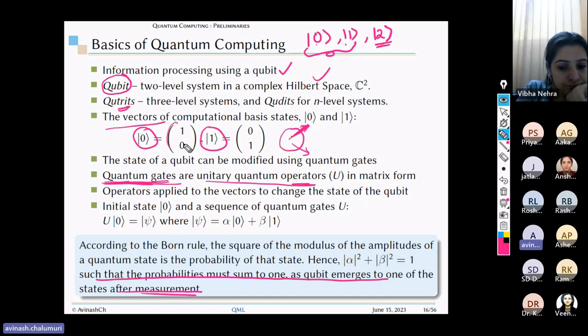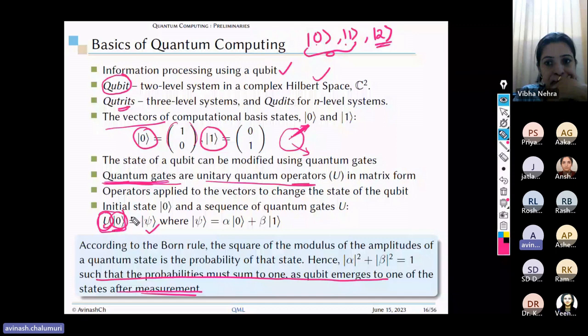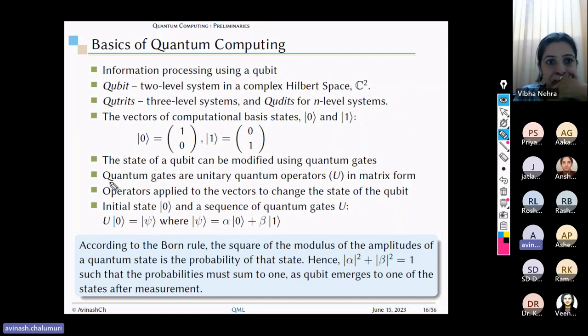If ket 0 is the initial state and you use this unitary U to modify this state to some other state, U ket 0 refers to a mathematical state where ket 0 will be modified using this unitary and converted to ket psi. So this is the operation.